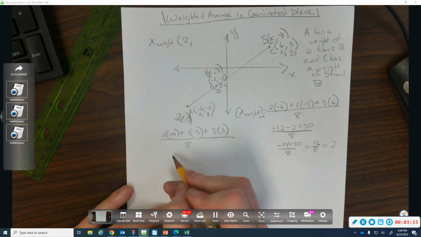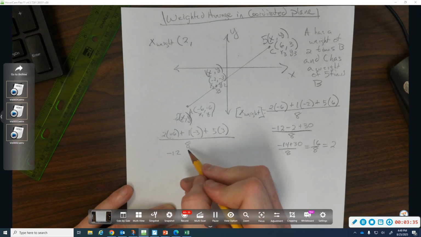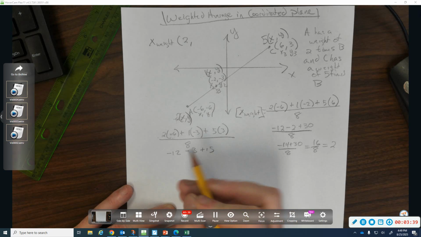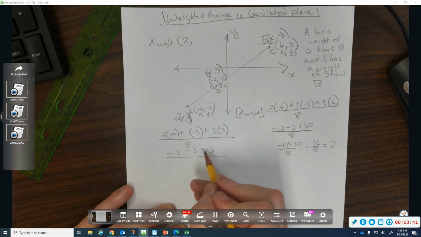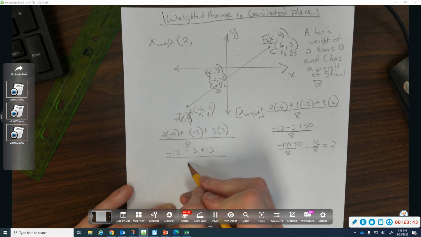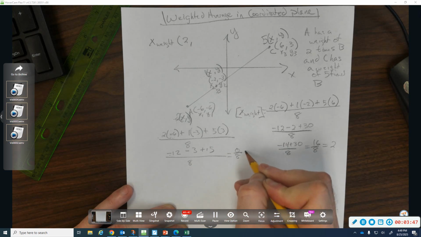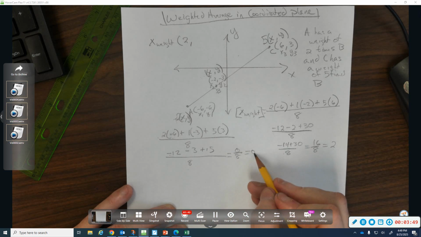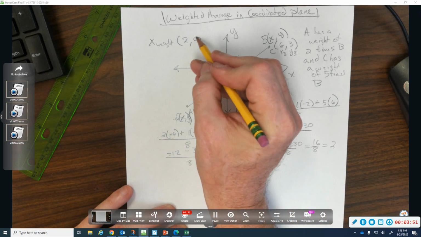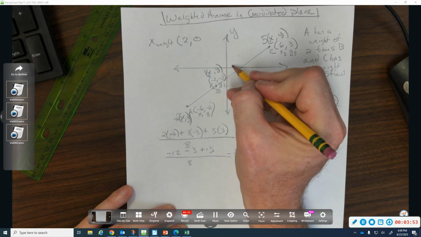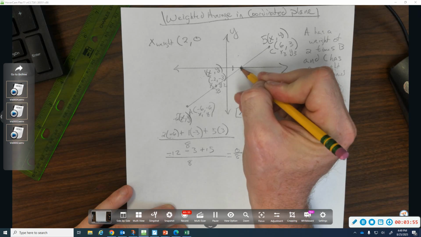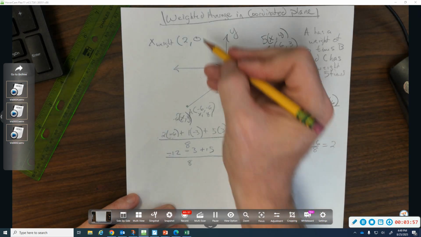And now we can simplify that to negative 12 minus 3 plus 15. And when I add all of those together, I get 0 over 8. So my y location is 0. So at 2, 0, I would have my weighted average.